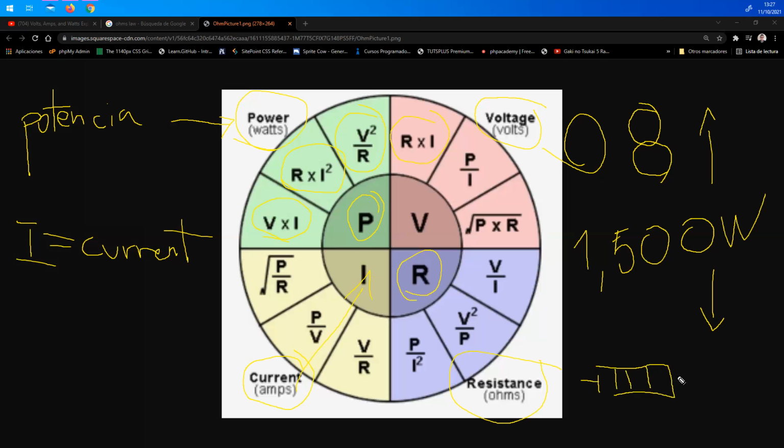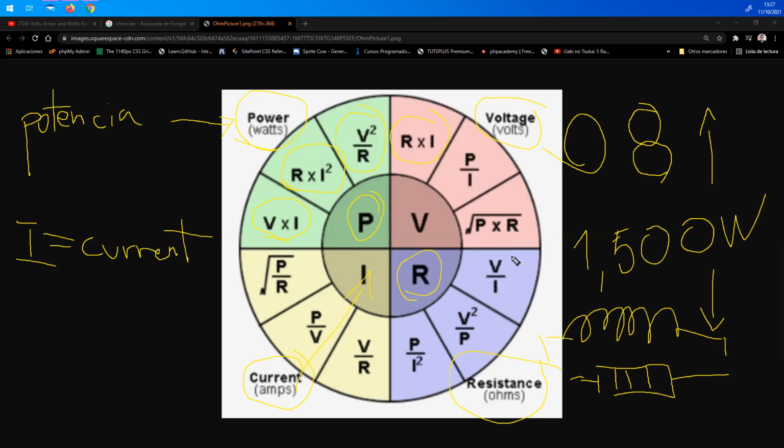Que tienen unas bandas con colores. ¿Okay? Ya en circuitos más grandes, pues llegan a tener también la manera de bobinas, ¿verdad? Como bobinas, como la impedancia. Para la resistencia, o sea, es el opuesto de la resistencia, la verdad, la impedancia.